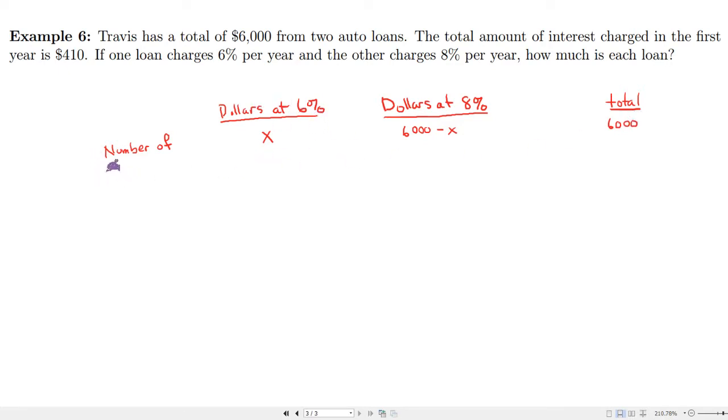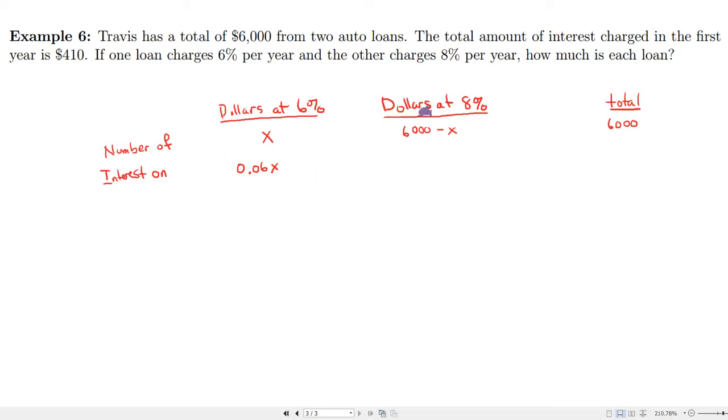Okay, and then the interest on the dollars at 6%. Well, here's the number of dollars at 6%, so how do we calculate the interest? Like we did up above, the interest will be 6% times this. So we'll have to do 0.06 times x, right, to get the interest on the dollars at 6%.